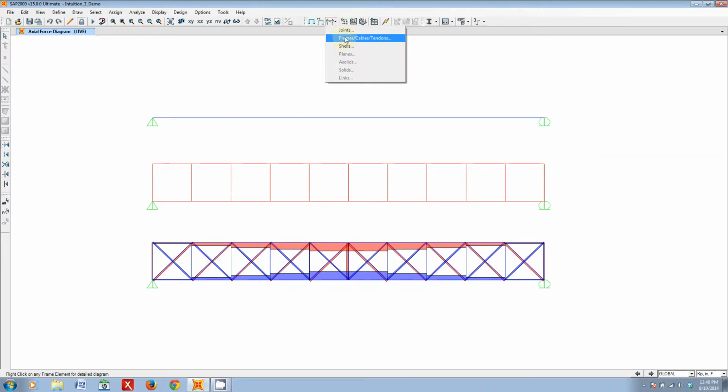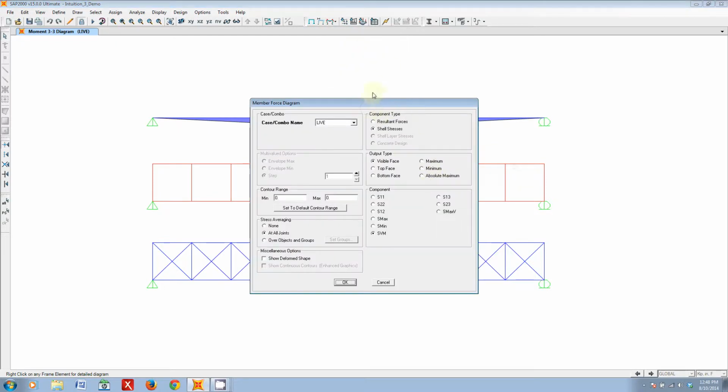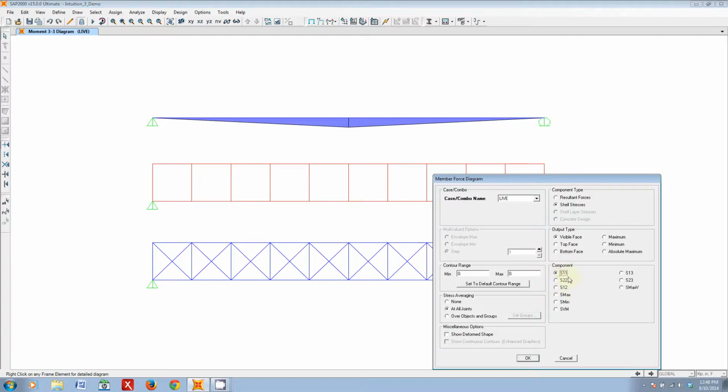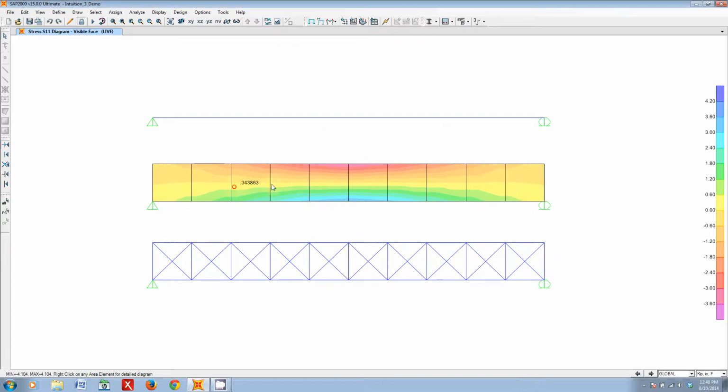Now, let's check out the moment in our beam. Pretty much it goes from 0 at the ends to a maximum right in the middle. Now, what does this look like in our shell element model? It looks like this. We're going to model the S11 or sigma XX stress, which is basically the axial or longitudinal stress in the beam. The distribution looks like this. We have near 0 axial stress at the ends, and of course 0 axial stress along the neutral axis of the beam.